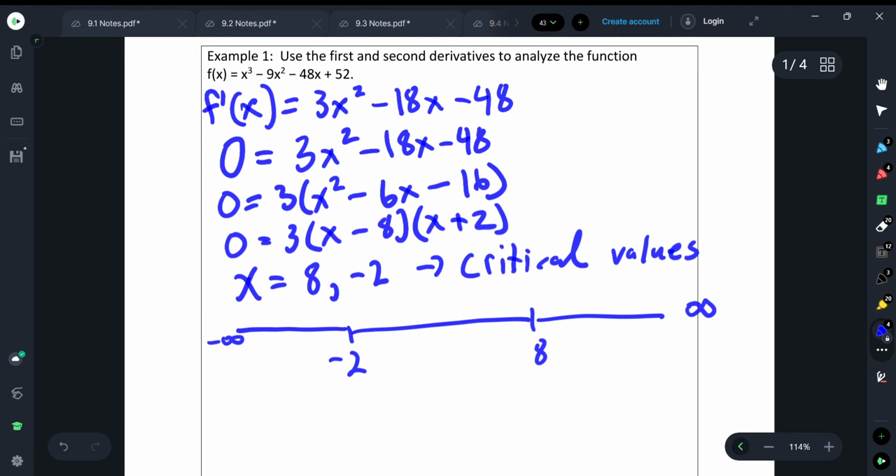And all we need to do is use a number, say negative 4, because that's before negative 2. We can use any number. Negative 4, when we substitute back into the derivative, we should see that that's going to be a number that is increasing.